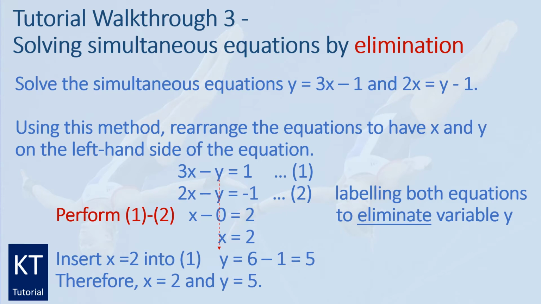This makes the first equation 3x minus y equals 1, and the second equation 2x minus y equals minus 1. By subtracting equation 2 from equation 1, for the purpose of eliminating variable y, we can solve for x. By inserting the value of x into equation 1, we can then solve for y.